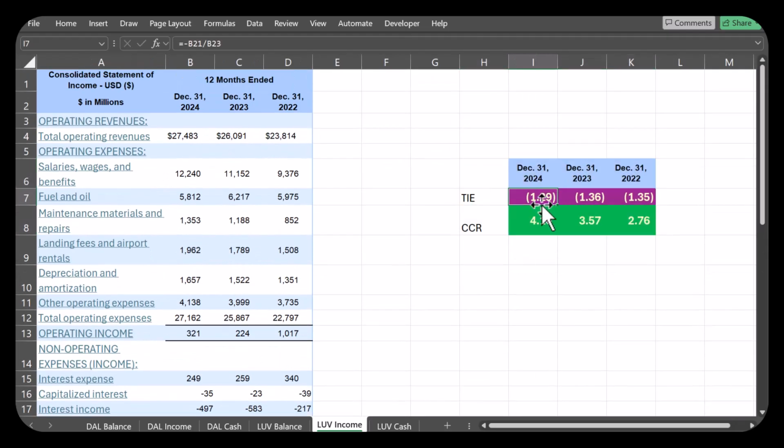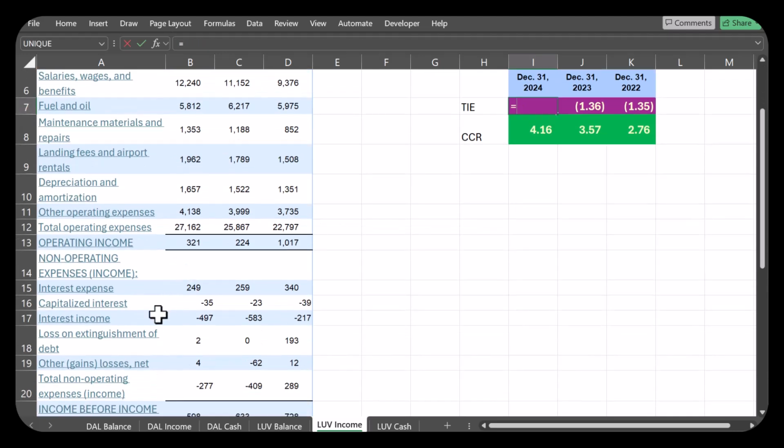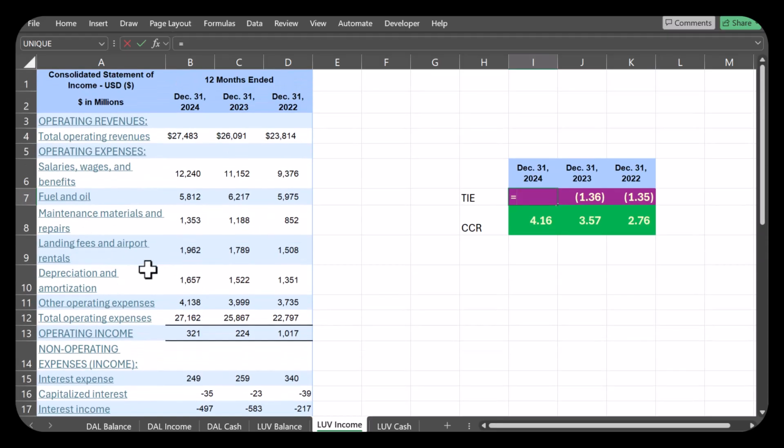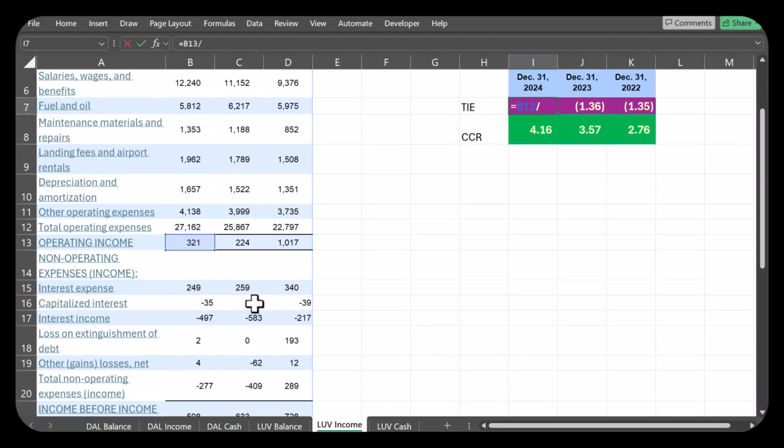Of course, I'm gonna change the formulas because, yeah, operating income divided by interest expense. Apparently, relatively speaking, cash coverage ratio of Southwest is not that good at the last 3 years.